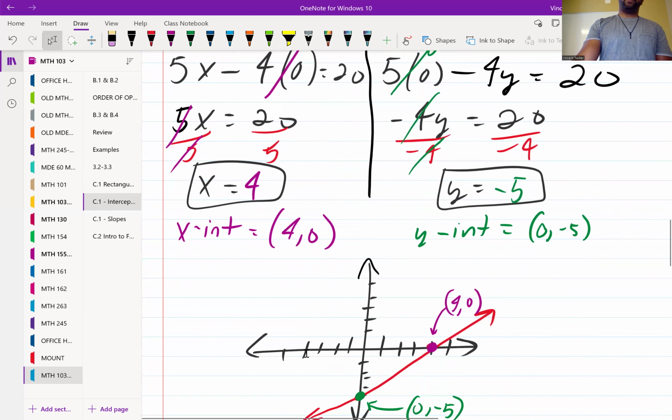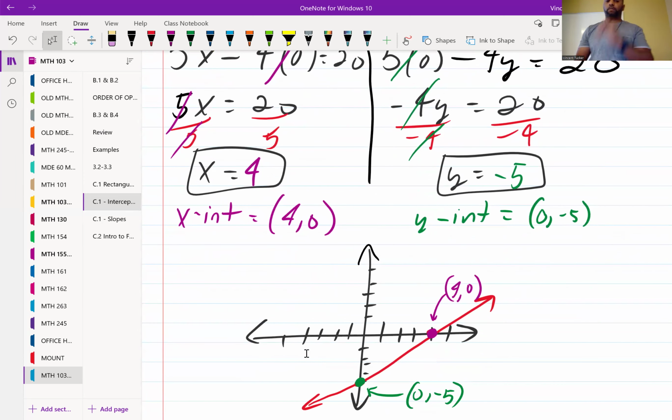All right, finishing it off. (4, 0) is our x-intercept, so we go to the right 4, and then for (0, -5), you just go down 5 for the y-intercept.